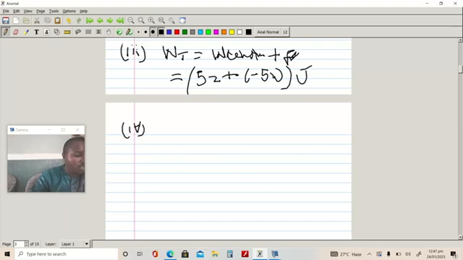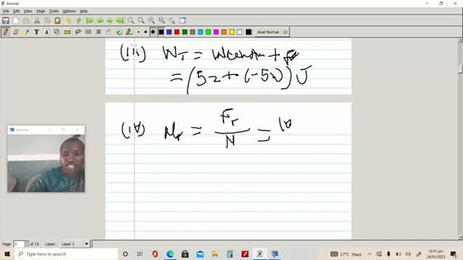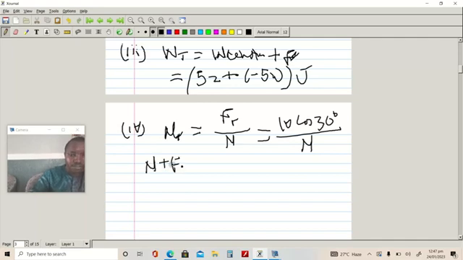Remember that the coefficient of friction is equal to the frictional force over the normal reaction, N. We have the frictional force as 10 cos 30 degrees divided by N, so we need to find N. Remember, N plus the force acting upward on the body minus the weight is equal to 0.